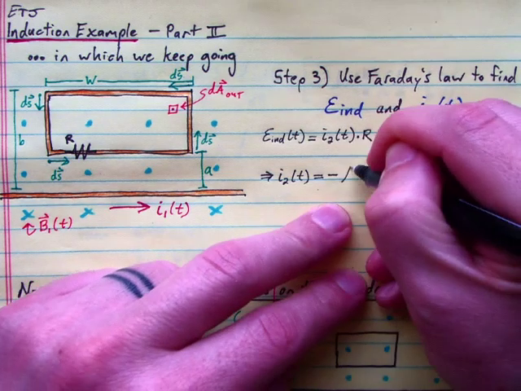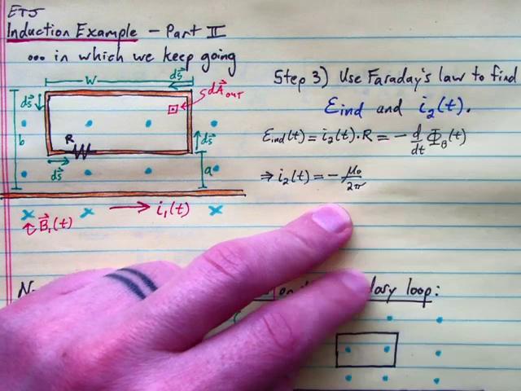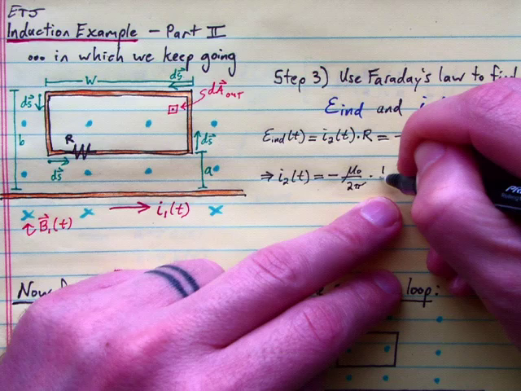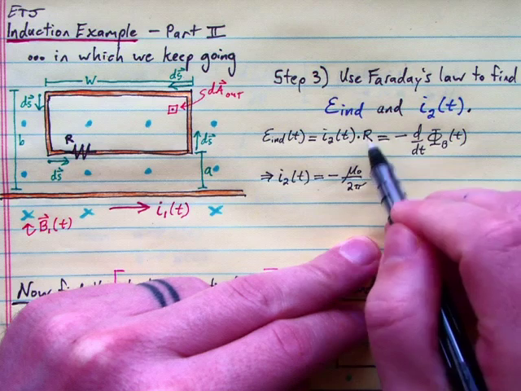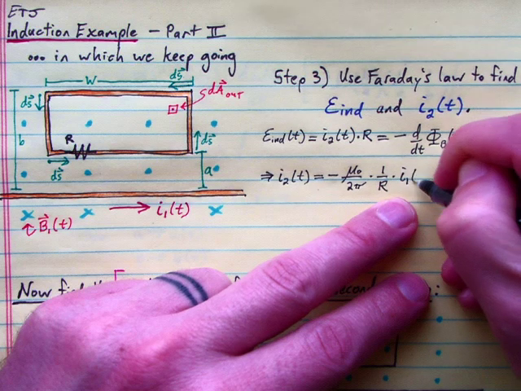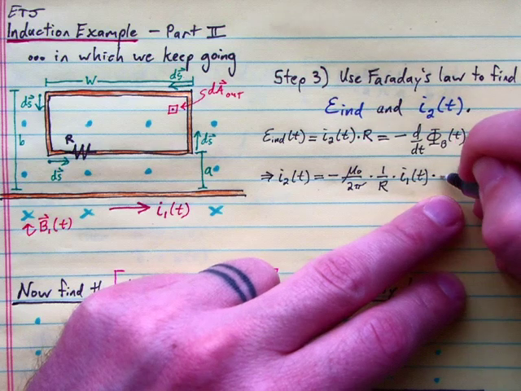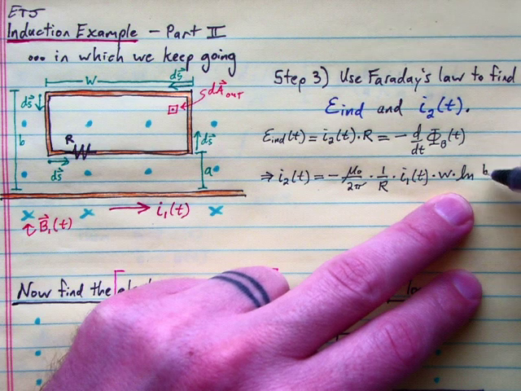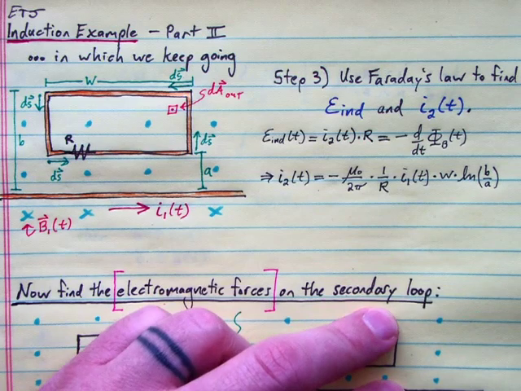We have a mu naught over 2 pi. We have, here's the 1 over R factor when I divide through both sides by the total resistance R, times the current in the primary, which is a function of time, times these geometric factors, the width of the loop and the log of the ratio of the distances of the near and far sides of the loop.